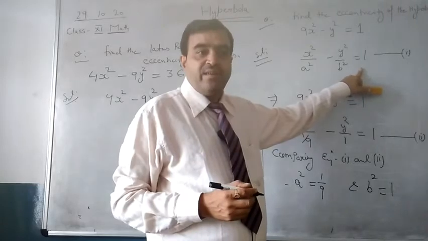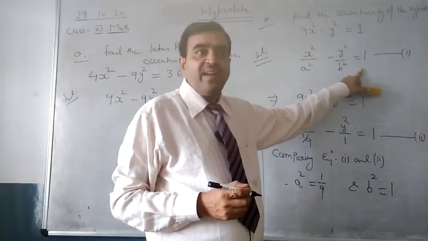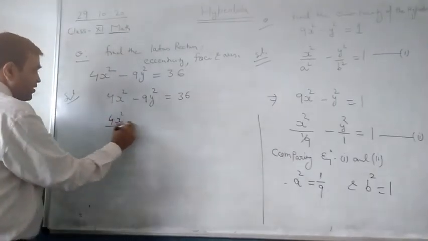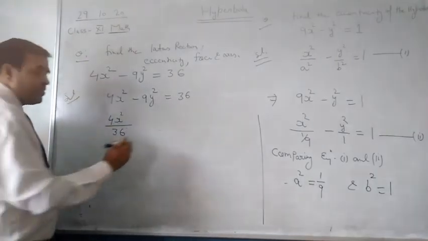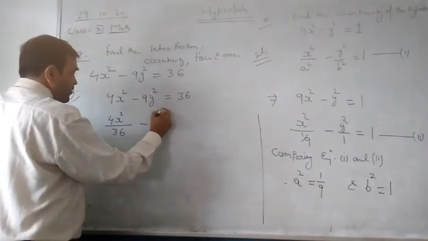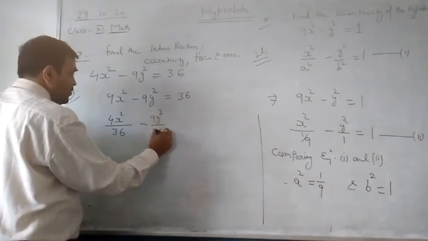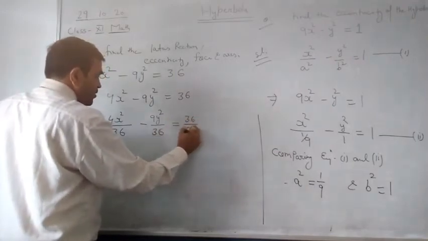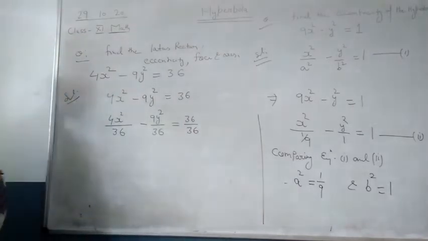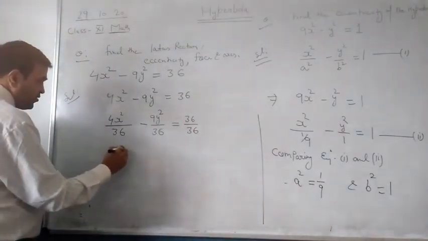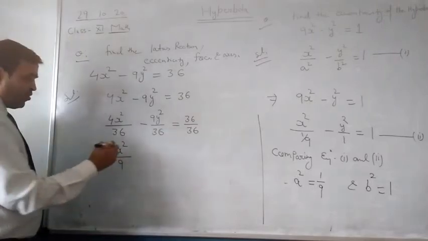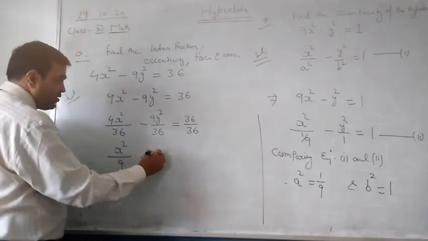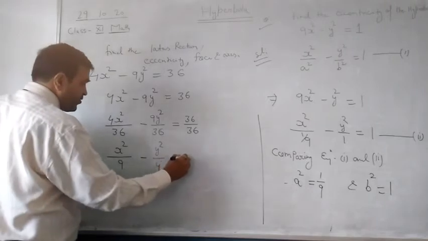So 4x square divided by 36 minus 9y square upon 36 is equal to 36 upon 36, so x square upon 9 minus y square upon 4 is equal to 1.